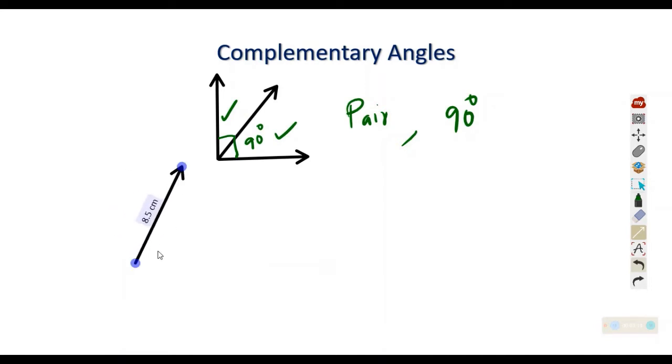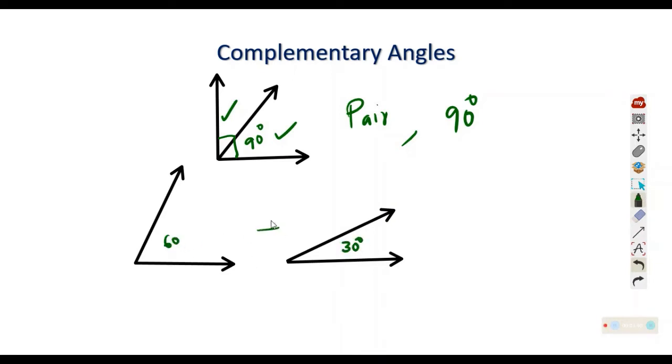One angle here, roughly about 60 degree, another angle roughly about 30 degree. If you sum the measures, that too becomes 90 degree and it comes under the category of complementary angles.